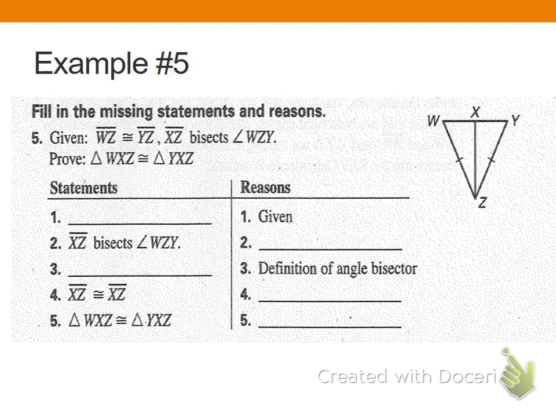We are also told that XZ bisects angle WZY. And we can see they listed that down here at number 2 for us already. So, statement number 1, they said the reason was that it was given to us. So what given statement did they not list out yet? Down here below.